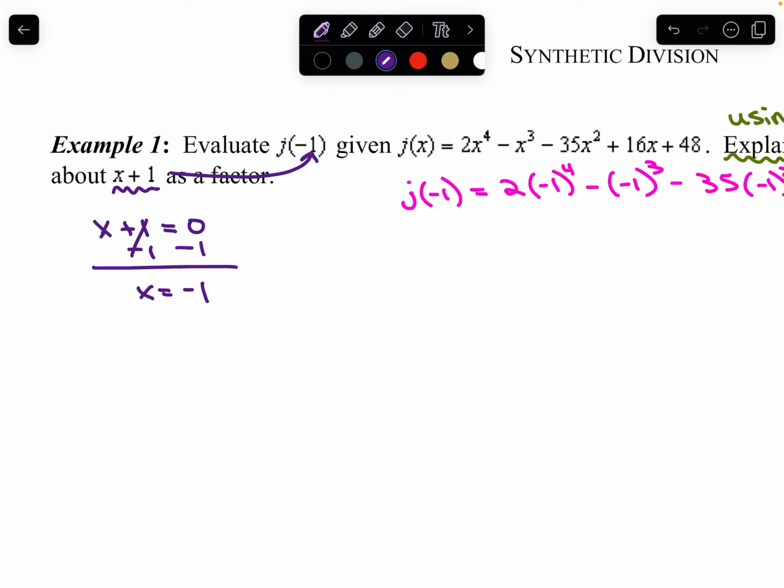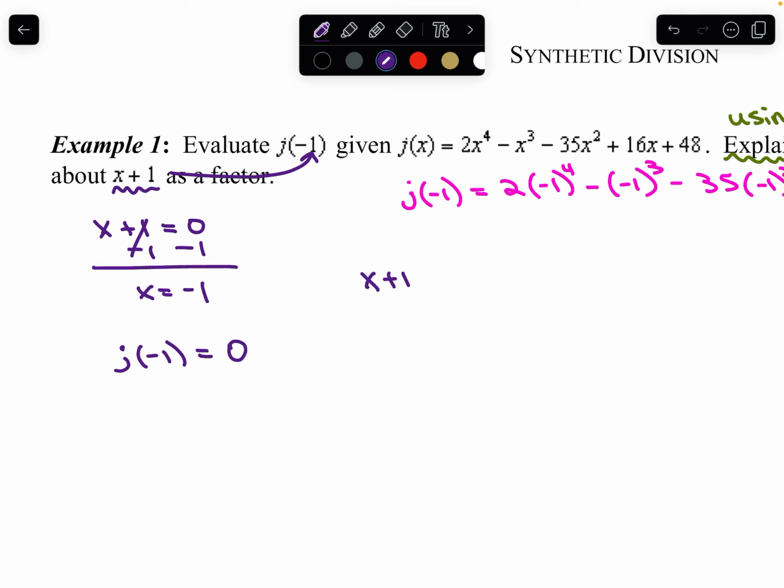So if you think back to the remainder theorem, when you evaluate the 0 of the divisor, so if I plug negative 1 into my function, which is the 0 of the divisor of x plus 1, and I get back a 0, that tells me that x plus 1 is a factor of j of x.